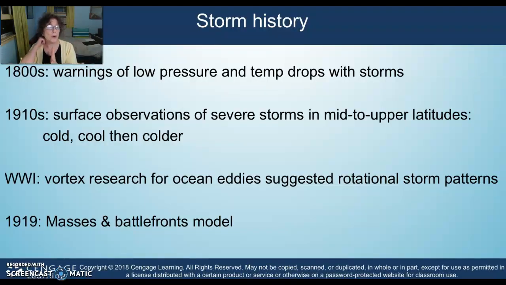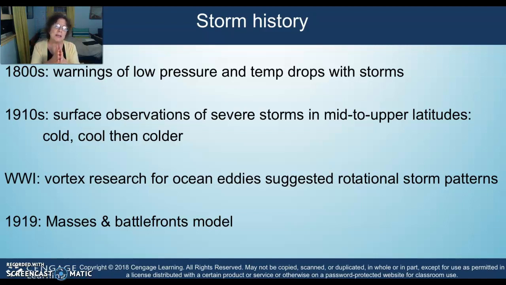In the 1800s, we were getting links between pressure and temperature and storms, and people were starting to put the observations together with some data. In the 1910s, a group out of Norway that was trained in Germany was looking at surface observations only for pressure and temperature, and noting that in the middle to upper latitudes, 40 degrees latitude to about 65 degrees latitude, there were consistent observations of temperature and pressure.